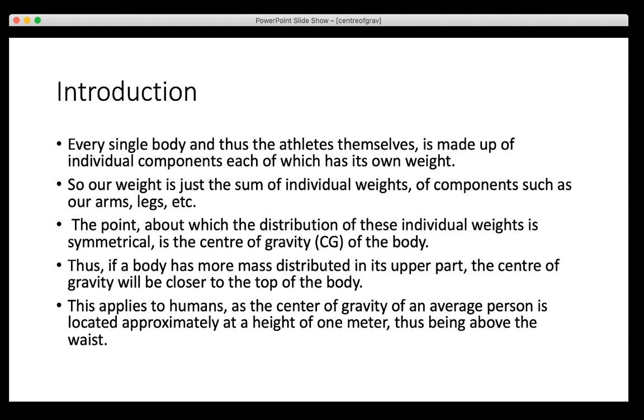Yeah, so first of all, understand that our body is made up of different body segments: arms, hands, trunk, feet. All these body segments have their individual weights, which I have already discussed in great detail in the body segment parameters lecture.